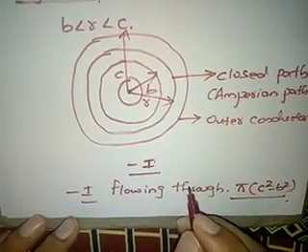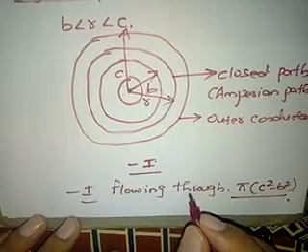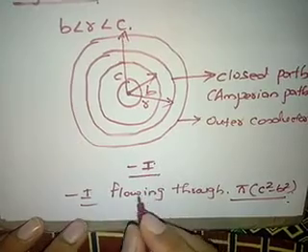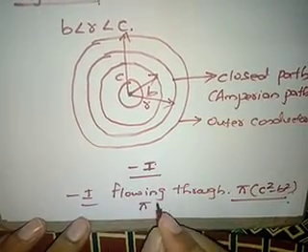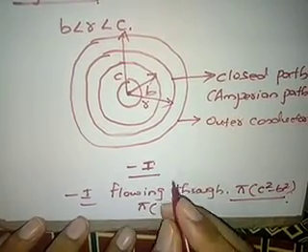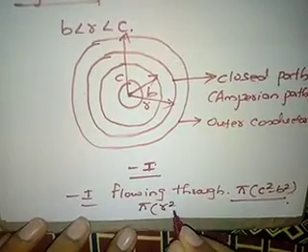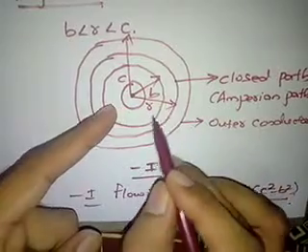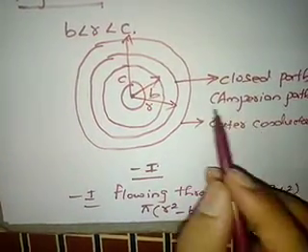Then the current flowing through the closed path is pi into R square minus B square. So it is flowing in between these two, R square minus B square. That is the region here, our closed path.